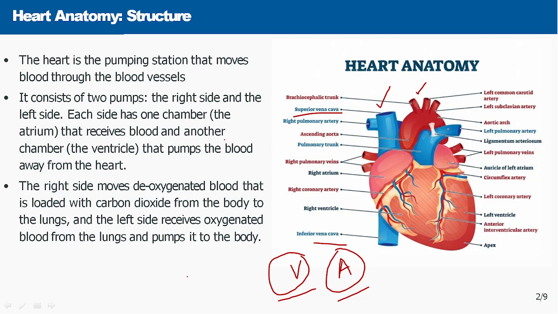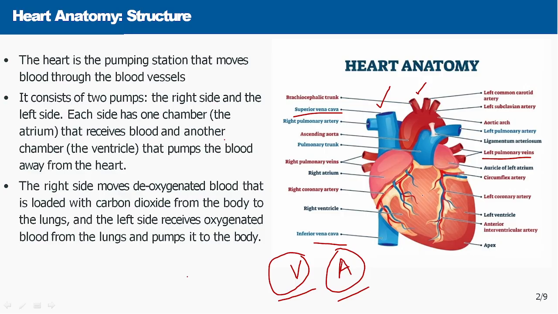After oxygenation in the lungs, the oxygenated blood comes back to the left atrium through the pulmonary veins. So you mark, we have the pulmonary artery and the pulmonary veins. These are the left pulmonary veins, and they carry oxygenated blood.